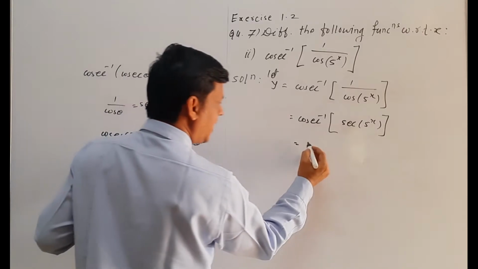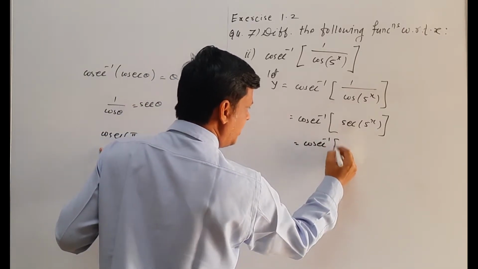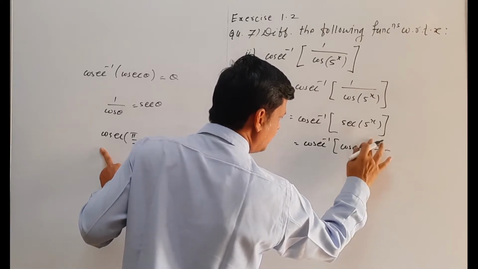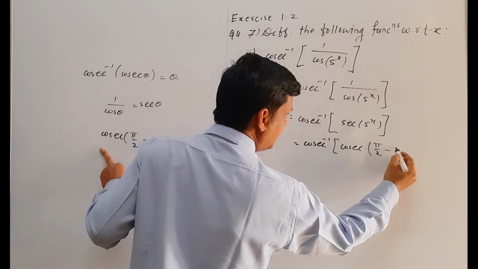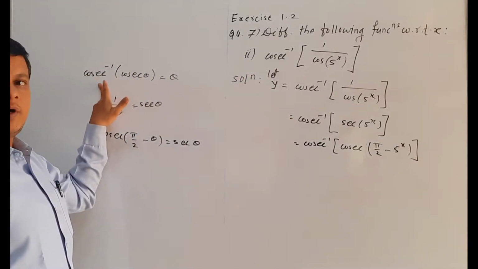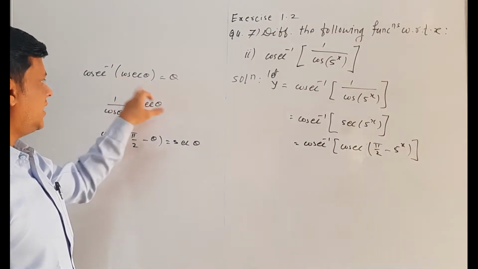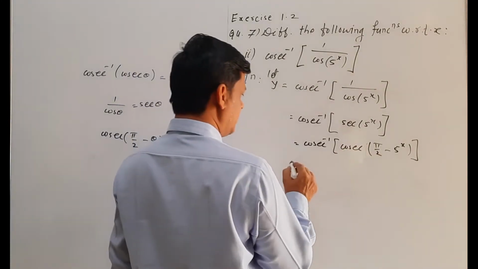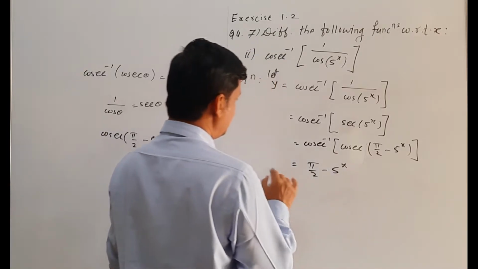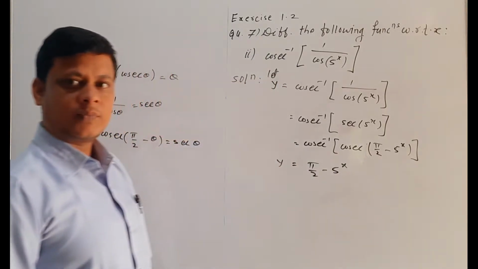So we write in bracket cosec inverse of cosec of pi by 2 minus 5 raised to the power x. So by this property cosec inverse of cosec theta equals theta, we write this as pi by 2 minus 5 raised to the power x, which is the value of y.